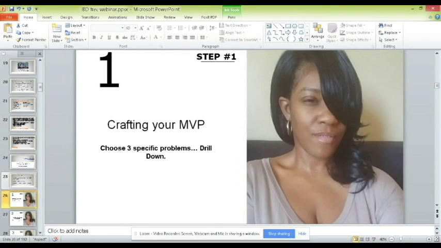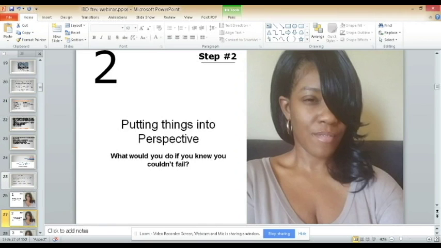All right, so number 1 is going to be crafting your MVP. You're going to choose 3 specific problems and you're going to drill down. If I haven't said it yet, and I don't think I did, it's time to pick up a pen and paper and just start writing this down. Start getting your thought process going. I like for you to be action based. Number 2 is going to be putting things into perspective. What would you do if you knew you couldn't fail?